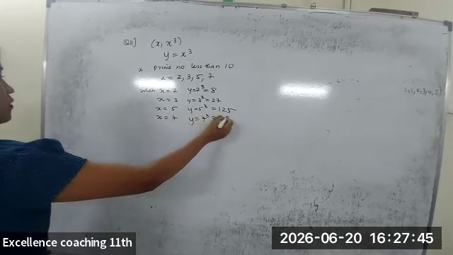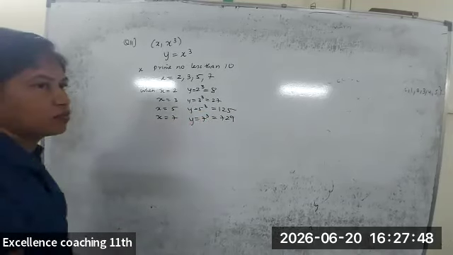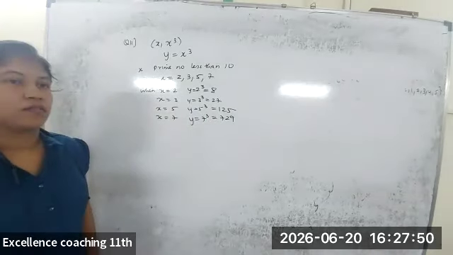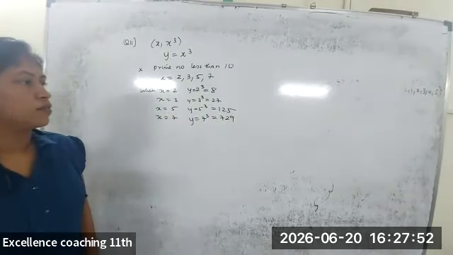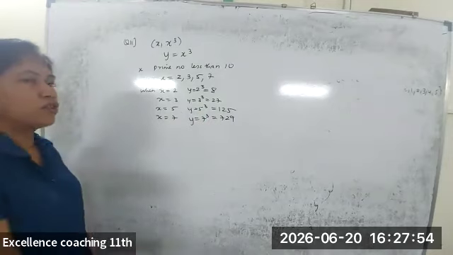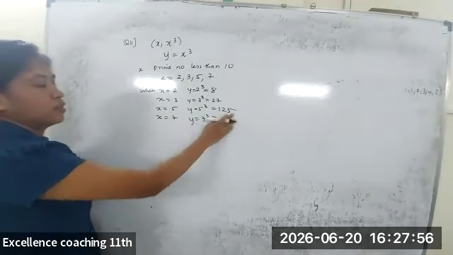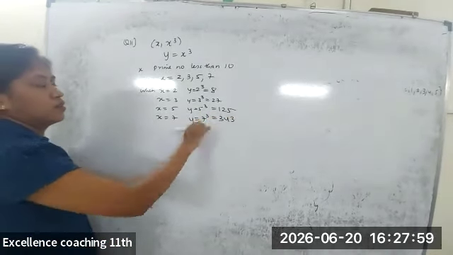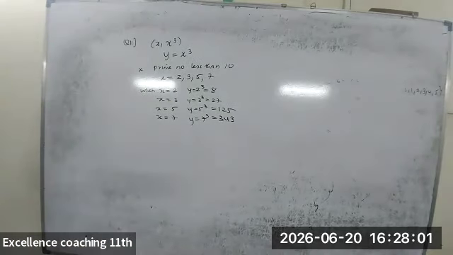7 into 7 into 7. No, 243, no? 3 to the 4. 729 is better, 3 raised to 7. 3 raised. Okay.